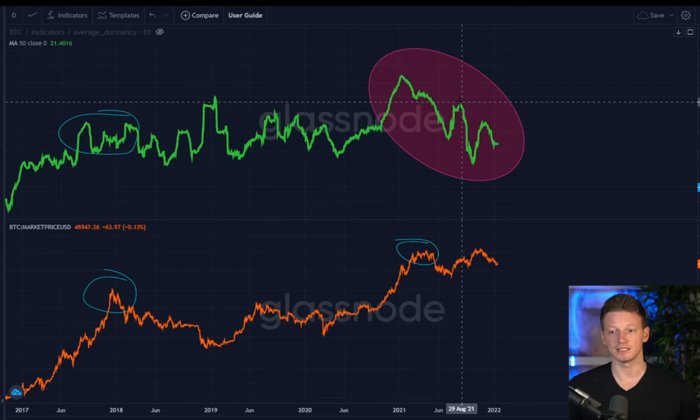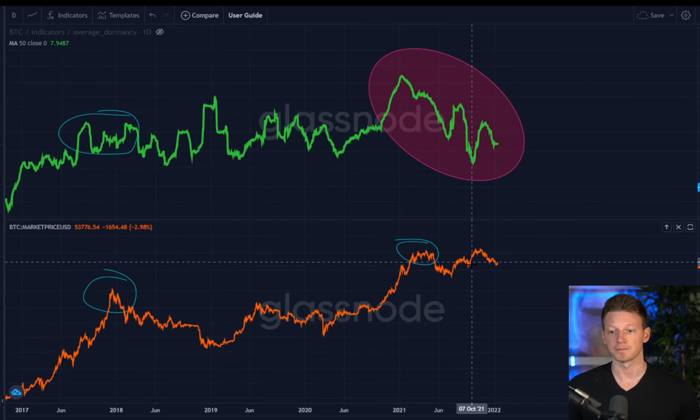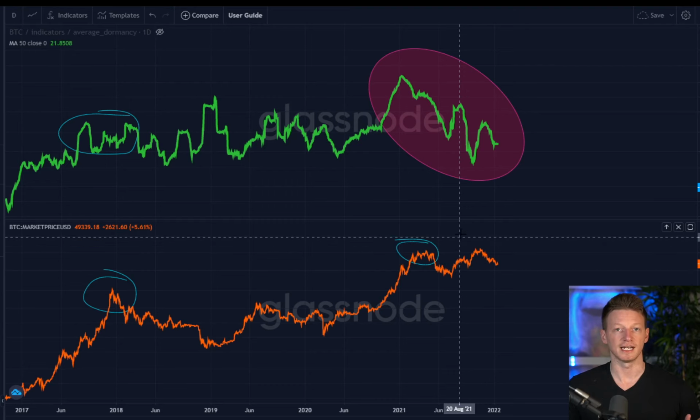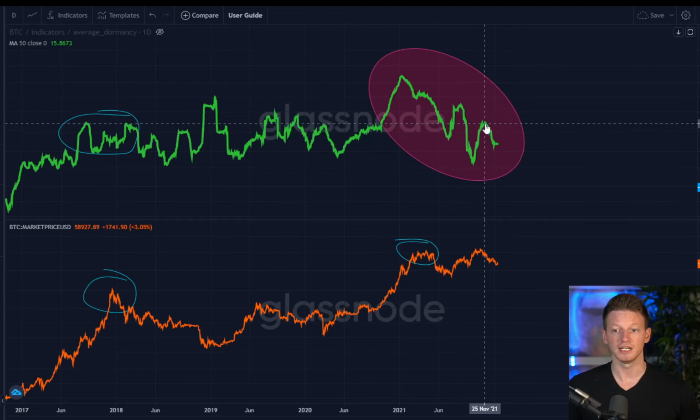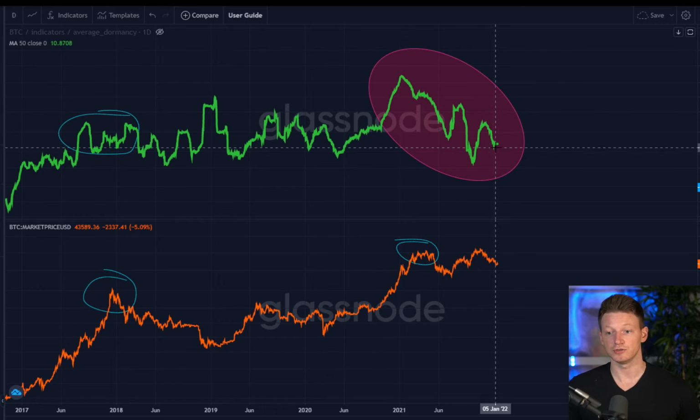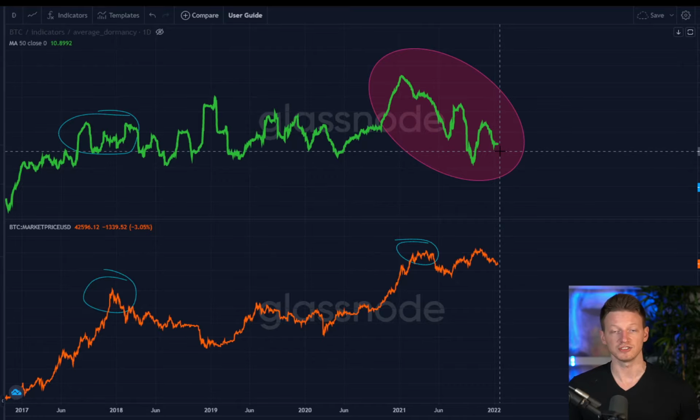So it makes sense that the dormancy increased during that time. Then we went all the way back down to around $40,000 and then up to $69,000. And sure enough, you saw another spike. But overall, the dormancy has been decreasing throughout the length of 2021. And now into 2022, we're continuing to see it on this winding downtrend.